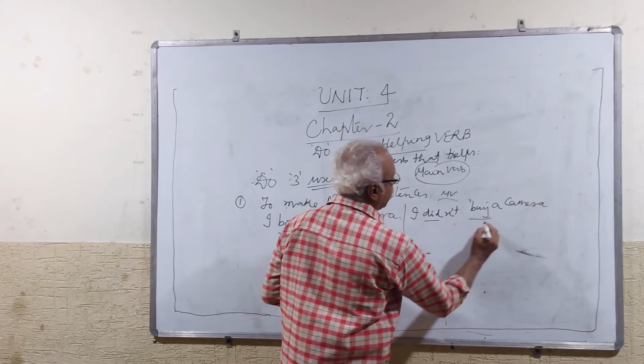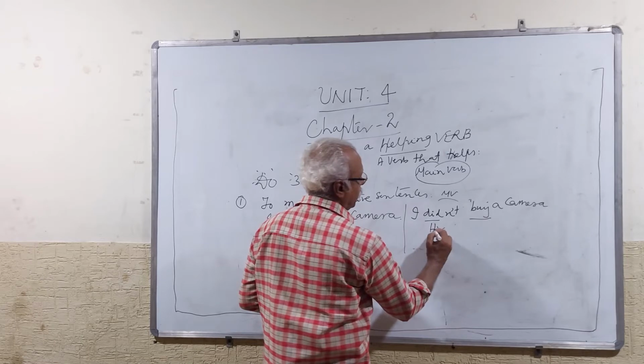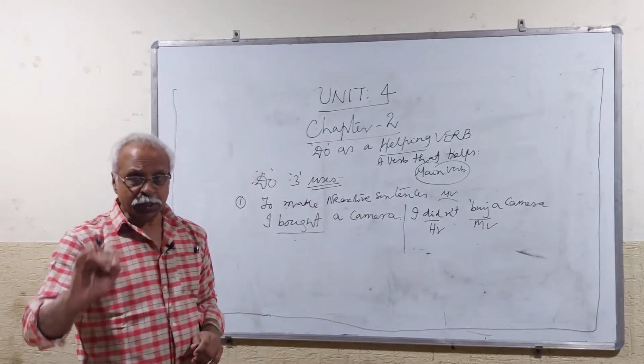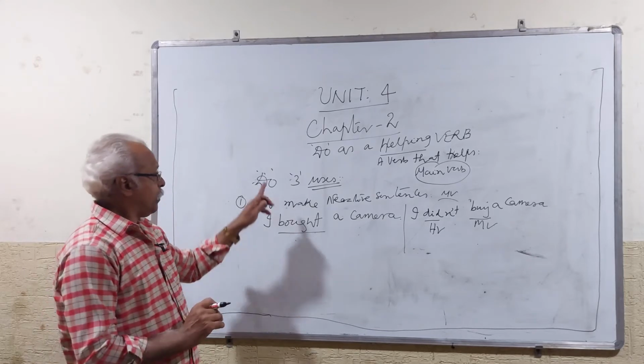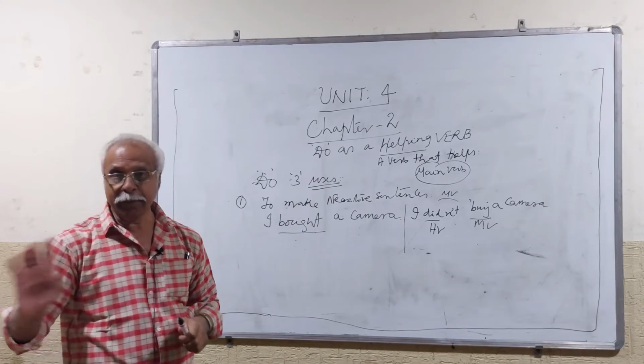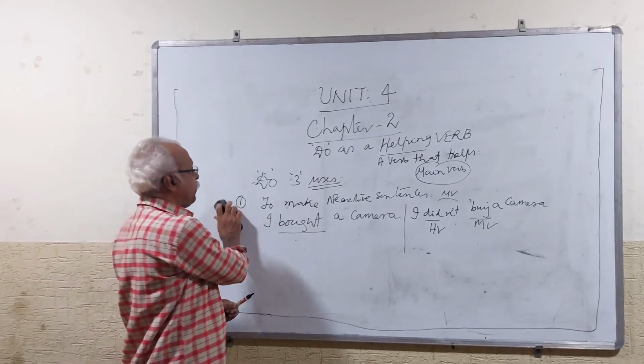Did, this is helping verb. Buy, this is main verb. The first function of do as a helping verb is to make negative sentences. Am I clear?